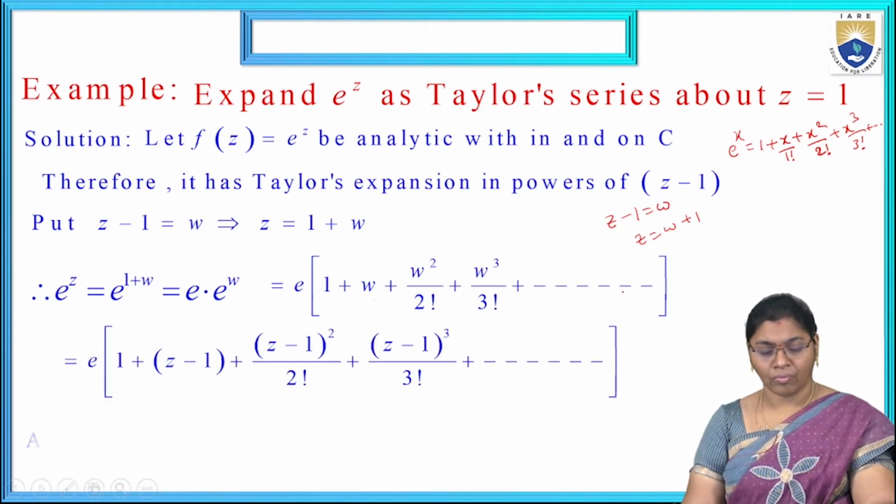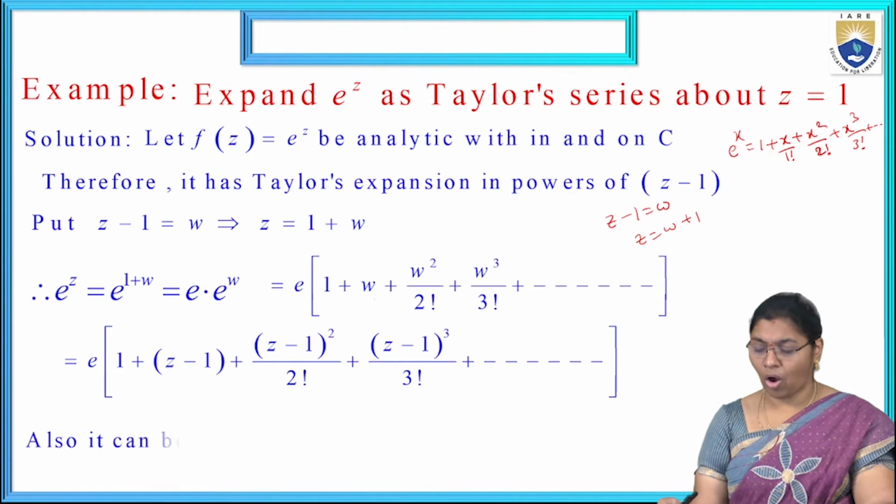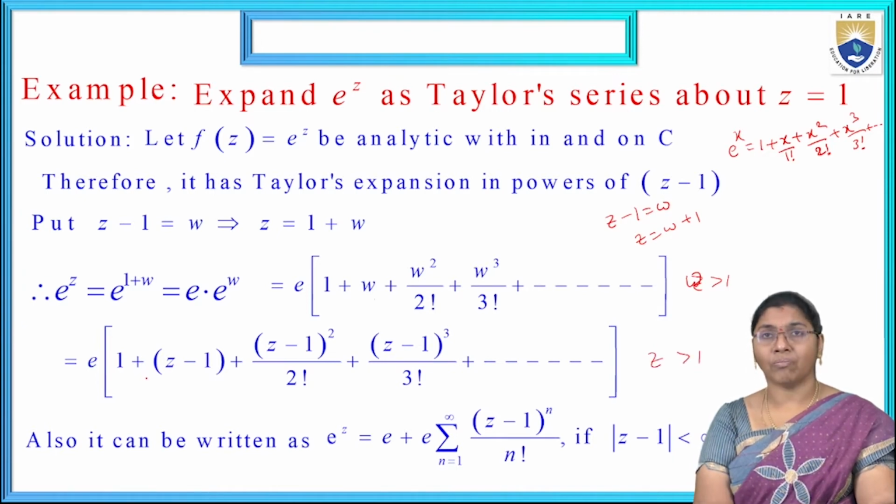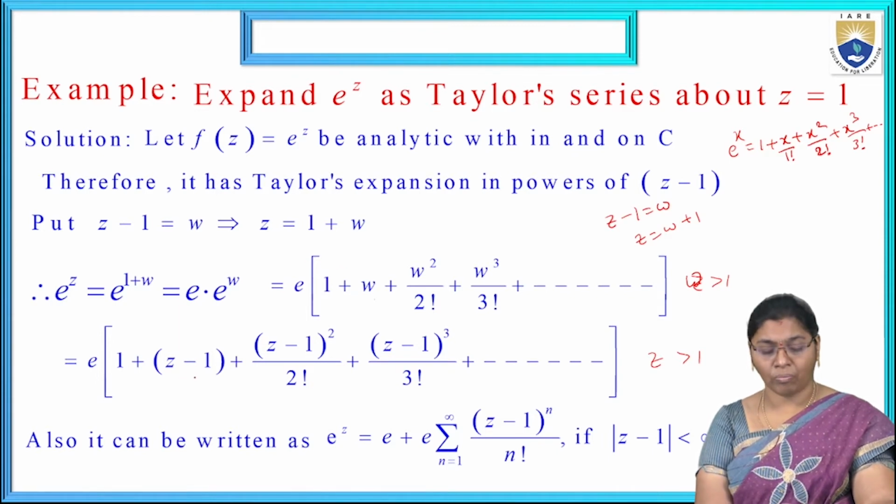Now since w = z - 1, substituting it gives 1 + (z-1) + (z-1)^2/2! + (z-1)^3/3! + and so on.